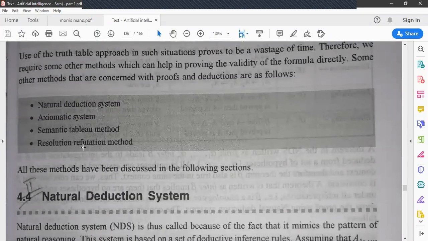Look at this, there are 4 different kinds of methods that perform these proofs and deductions. First one was the natural deduction system. Second is the axiomatic system. Third one, the semantic tableau method. And fourth one is the refutation method.